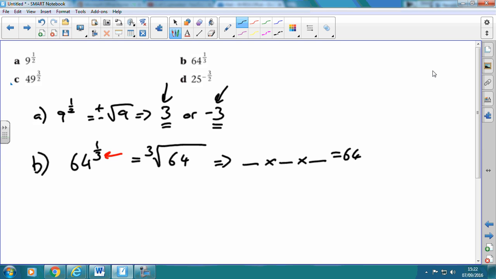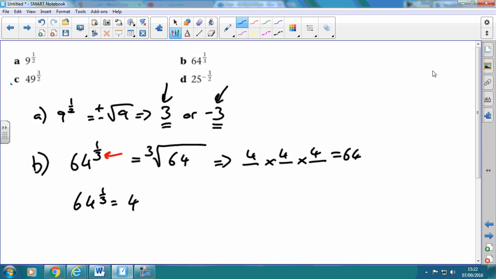And again, if you're not savvy with this, you can just do trial and error. So 2 times 2 times 2, 2 times 2 is 4, times by 2 is 8. It's not going to be that one. 3 times 3 is 9, times by 3 is 27, but 4 times 4 times 4 is 64. So we can say 64 to the power of a third equals 4.